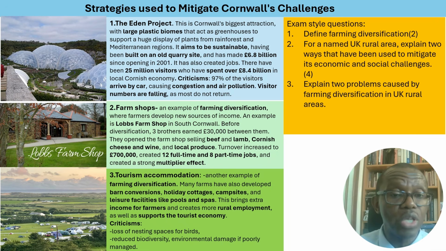So you can use either one of these 3 here to talk about how these economic and social challenges have been mitigated, and then explain 2 problems caused by farming diversification in the UK. So we talked about traffic and congestion due to the Eden Project, and we've also talked about a loss of biodiversity. So those are 2 problems that you could talk about here.